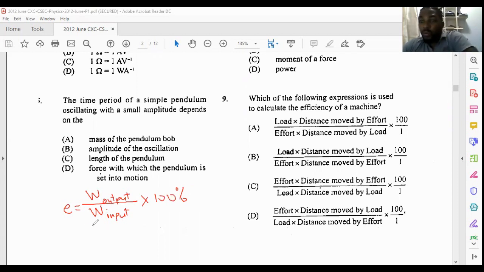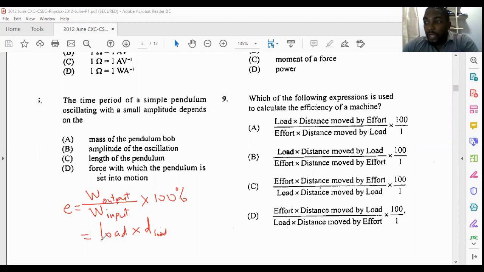Now to find work output, that's the work done by the load. So that will be the load force multiplied by the distance moved by the load.